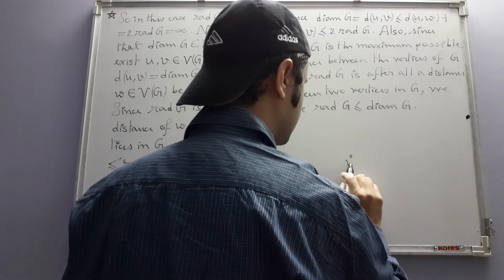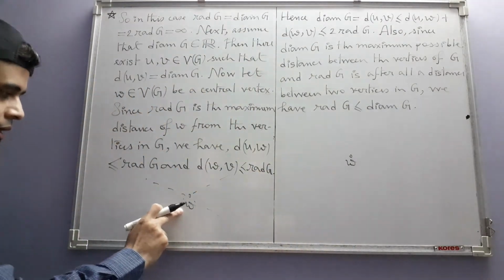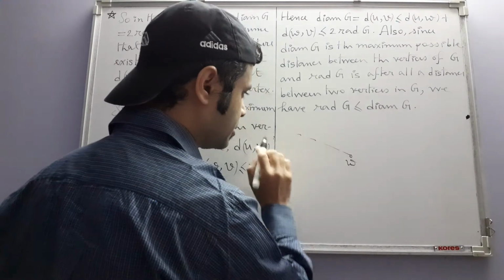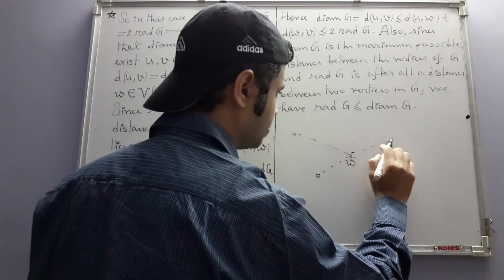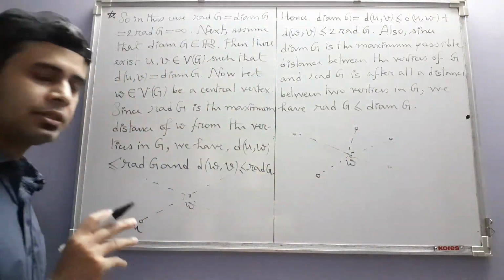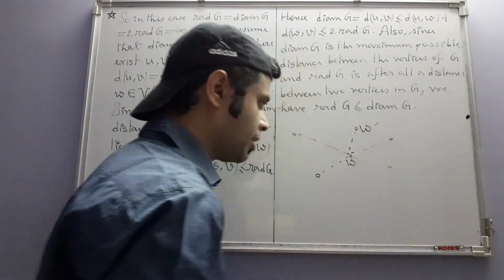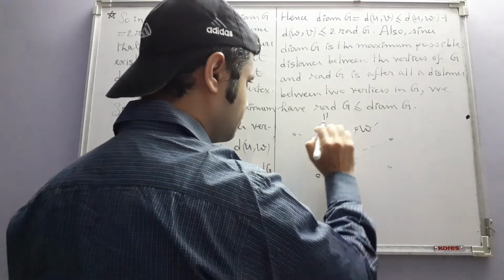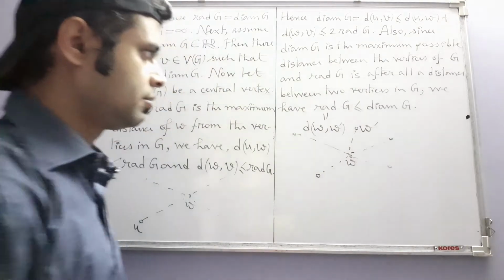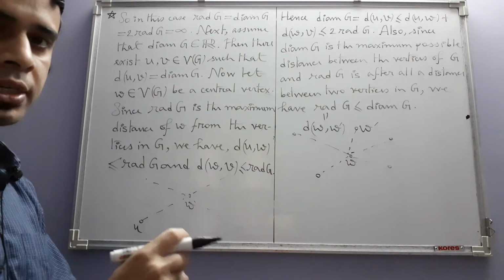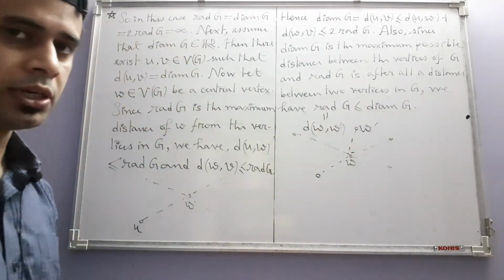Say you have a central vertex W in the graph, then the radius, just like here, is the maximum distance between W and the vertices of G. Whatever this distance is, it will come because of some vertex, say W prime, so that the radius of G is equal to the distance between W and W prime, and the diameter of G is the maximum possible distance among all distances. So naturally this is less than or equal to the diameter of G.